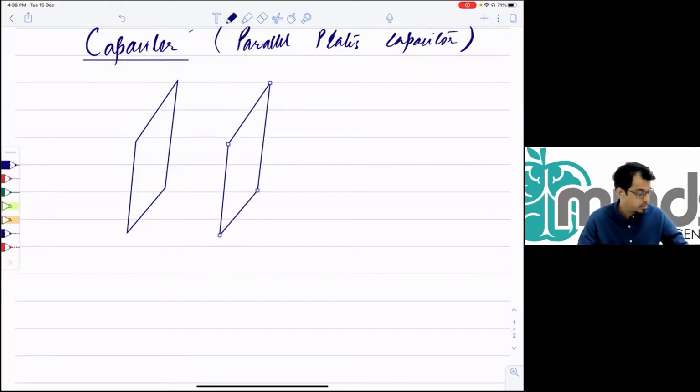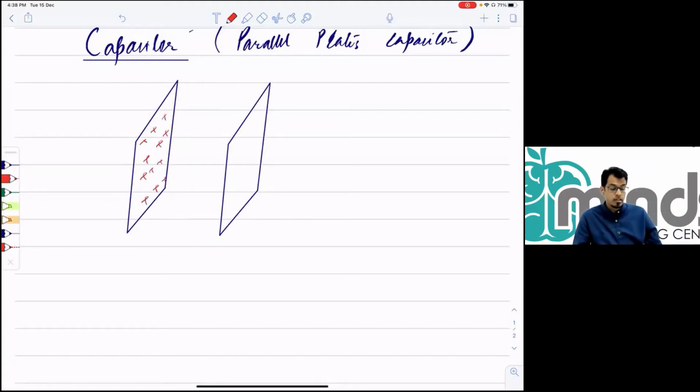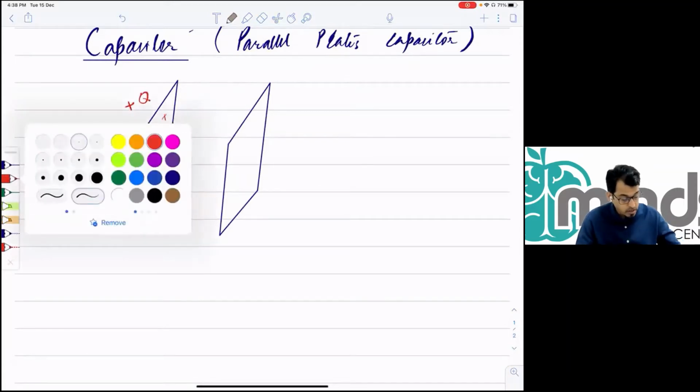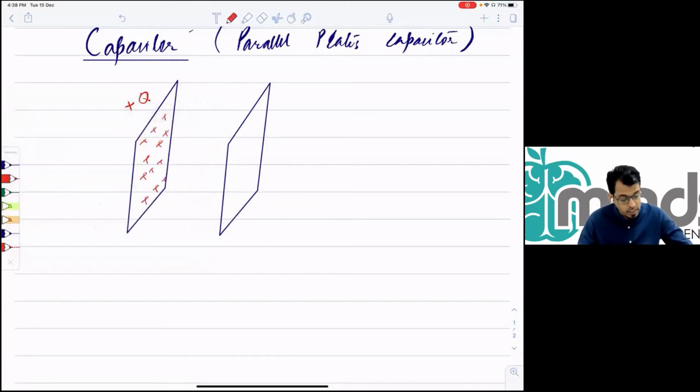This is plate 2. What we usually do, we will produce a positive charge by some technique on this plate. So this plate got plus Q charge. Area of this plate is A.